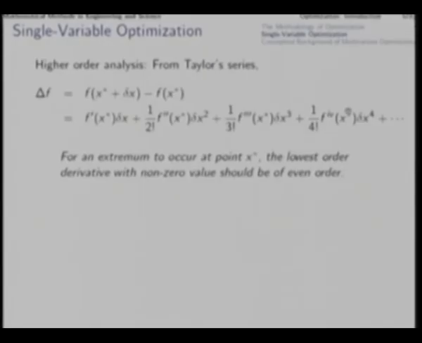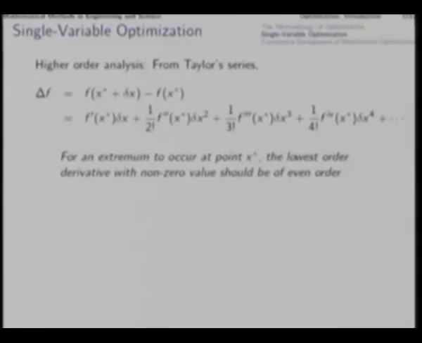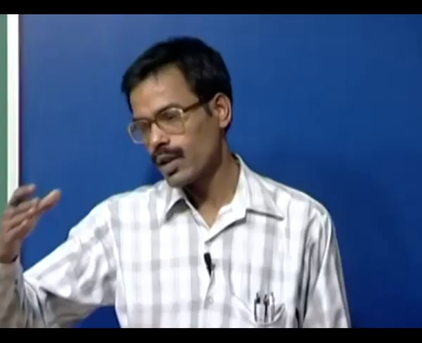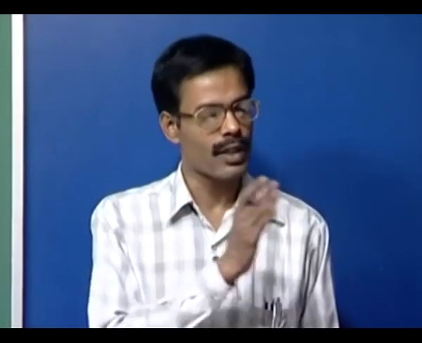Now, here you find that as long as the first derivative at that point is not 0, for small enough delta x, this first term will dominate this series, and the sign of this first order difference will depend on the sign of delta x. That is, whether you are taking the other point on the positive side or on the negative side, whether delta x is positive or negative.